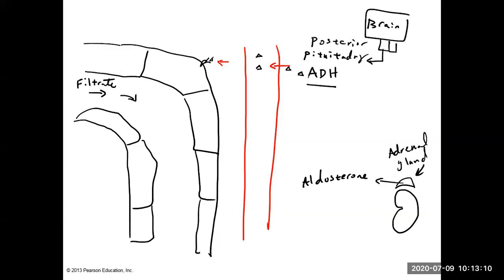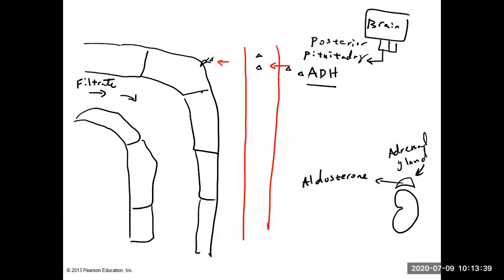All right. Binding of these hormones to the receptors basically involves a G-linked protein that you already know, and this G-linked protein is going to cause the DNA and RNA and translation process to take place, and so on. As a result of that, you're manufacturing a new type of protein, and that new type of protein is basically aquaporin.